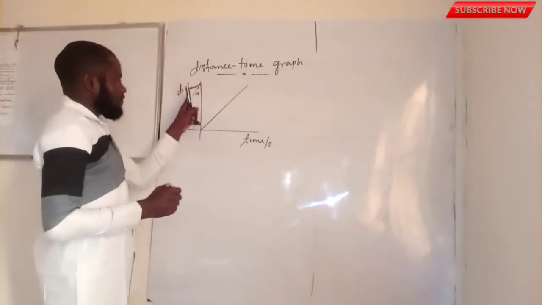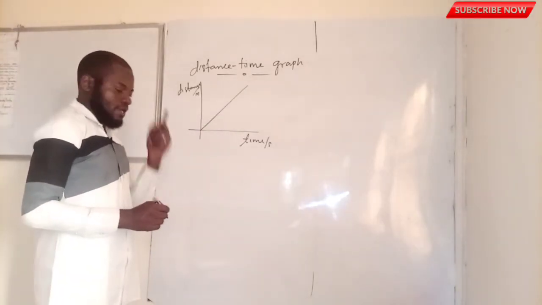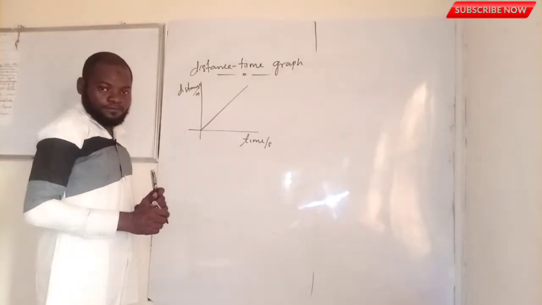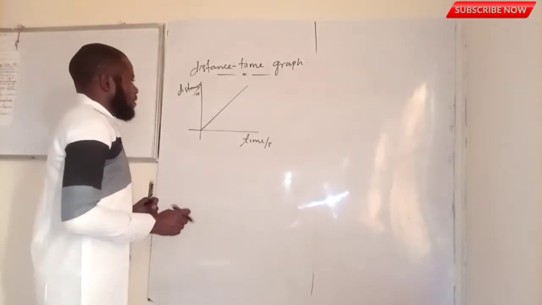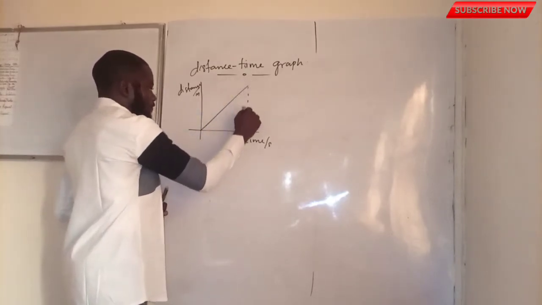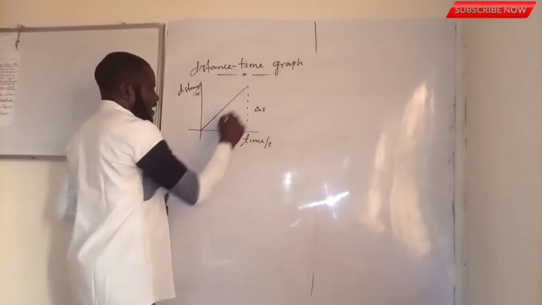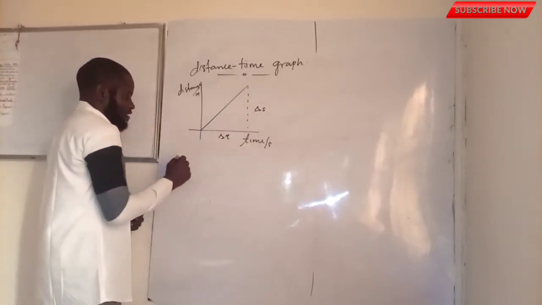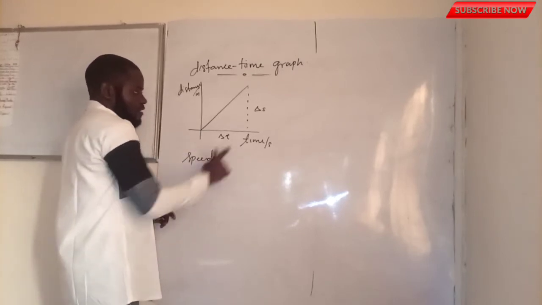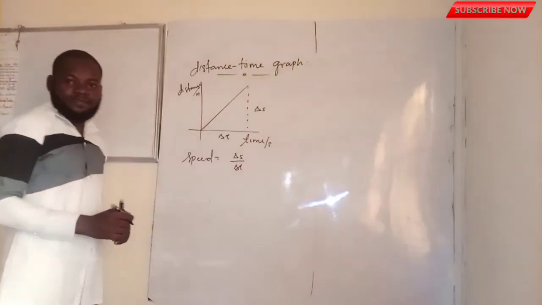If I plot the graph of distance against time and I have a straight line like this, this shows that this is a uniform speed. Now, if I take the slope of this graph, it is going to give me delta S over delta T. So the slope of the graph is going to be speed, because this is the change in distance over the change in time.